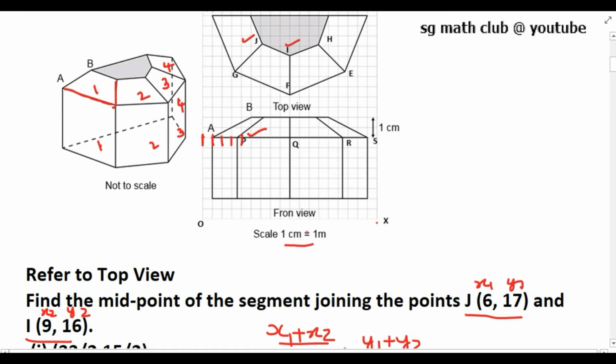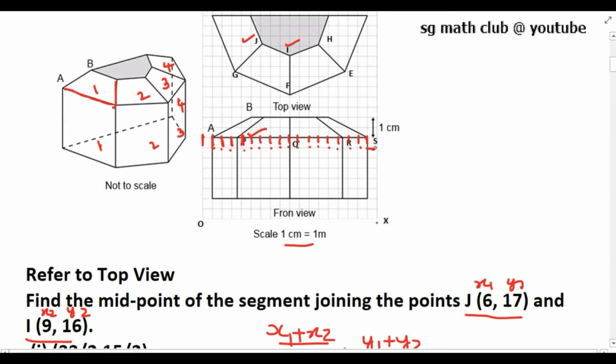We need to find the distance between the points A and S. So again start counting: 1, 2, 3, up to 16.